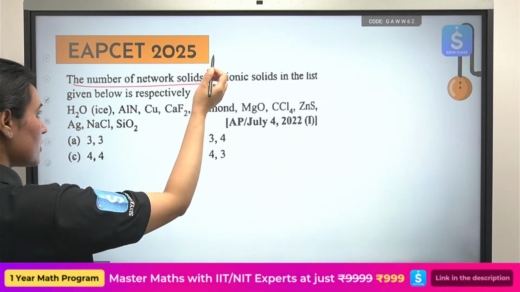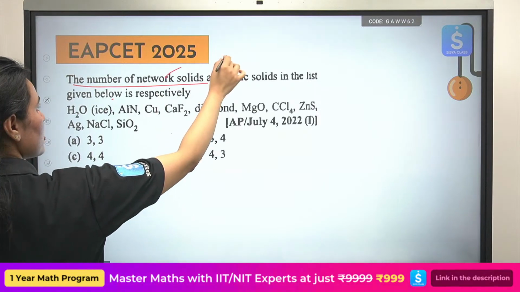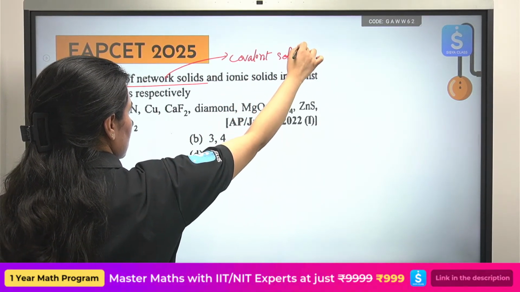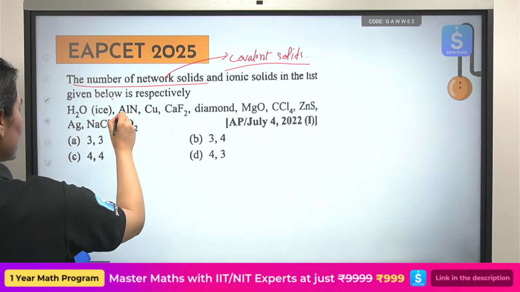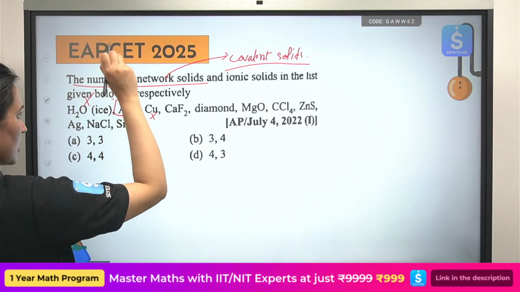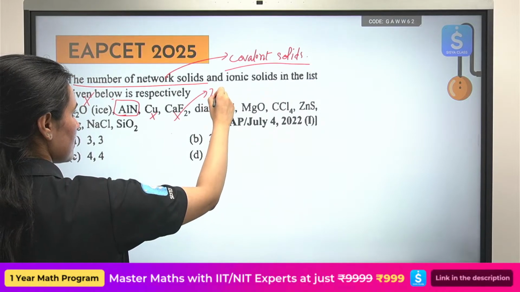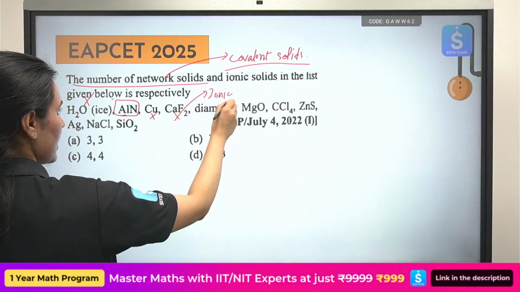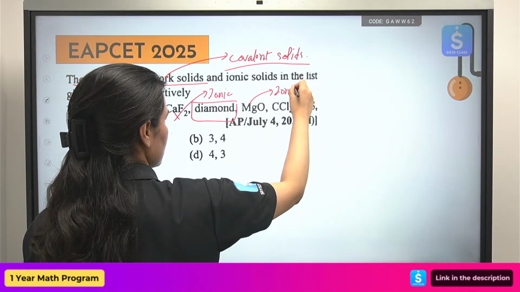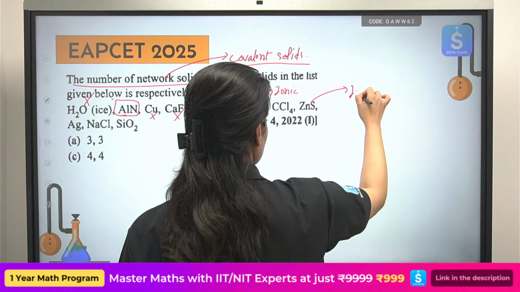The number of network solids and ionic solids. Again, network solids or covalent solids. Aluminium nitride, network solid. This is metallic. This is molecular. Ionic. Okay, we have to count ionic also, right? So this is ionic. Diamond, again, network. Magnesium oxide, ionic. Zinc sulfide, ionic.